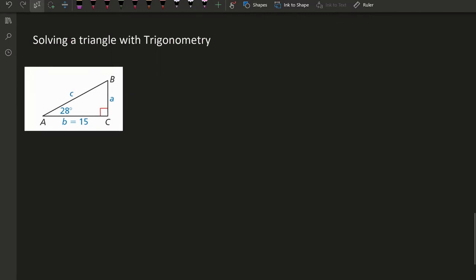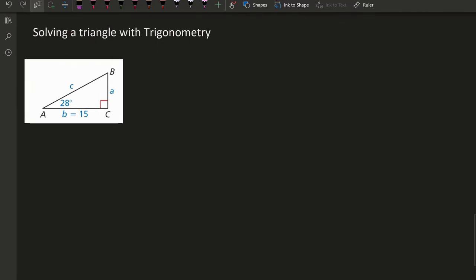Now, solving a triangle with trigonometry, this is really kind of the main event. This is what we will be using this skill the most for. So if I know that one of the sides is a given value and I do know one of the angles, I can figure out the rest of the triangle. So first of all, the angles of a triangle always add up to 180 degrees.